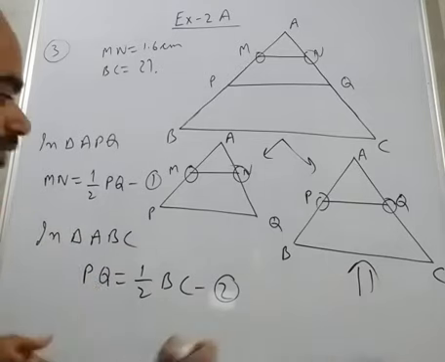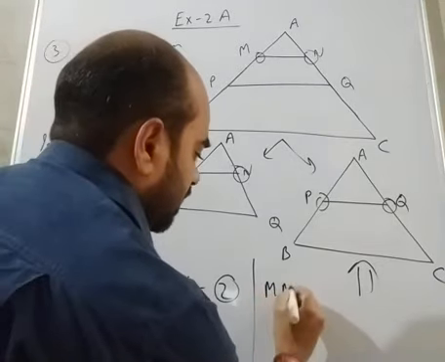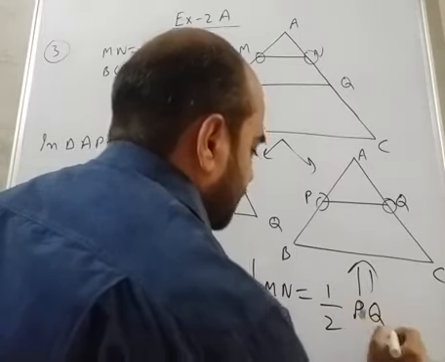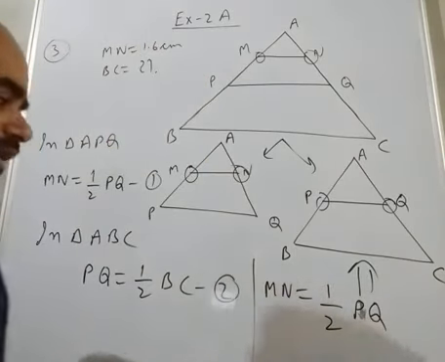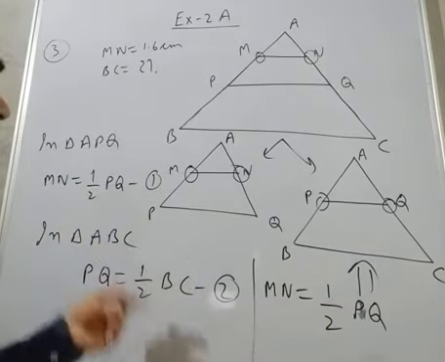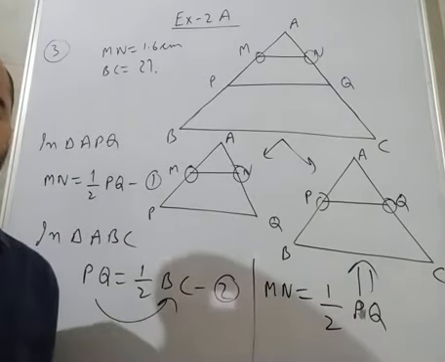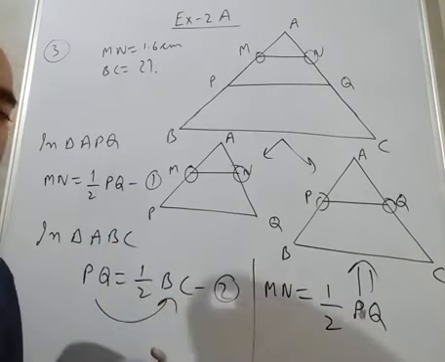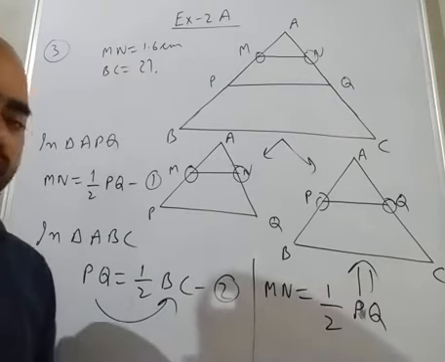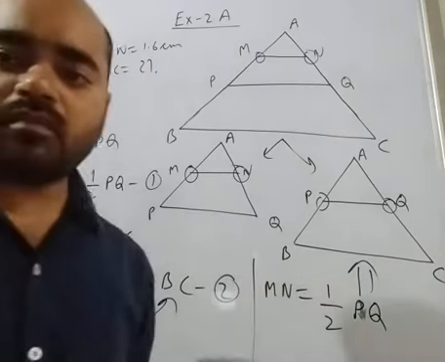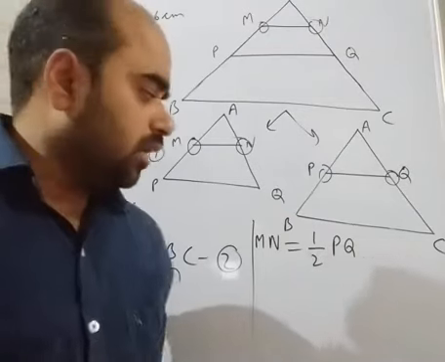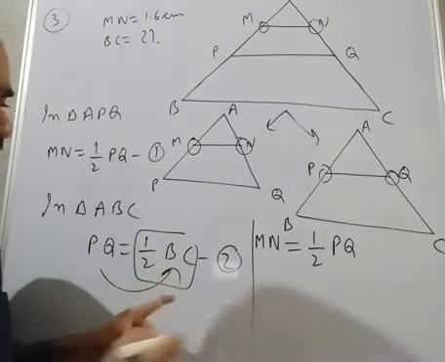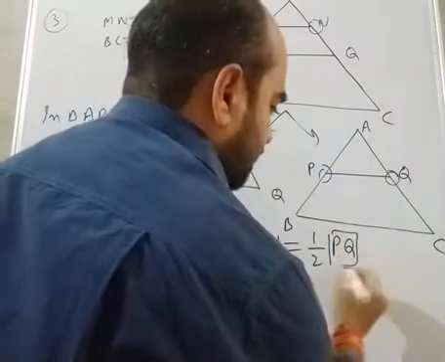In equation 1 we have MN equal to half PQ. Now at the place of PQ we can replace half BC, clear? So MN is half PQ, and in place of PQ we can write half of BC.